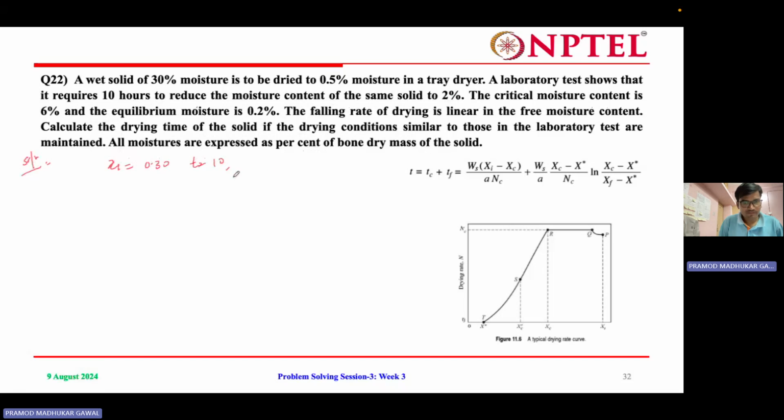So Xf, here in case one first, Xf is equal to 0.02, right?